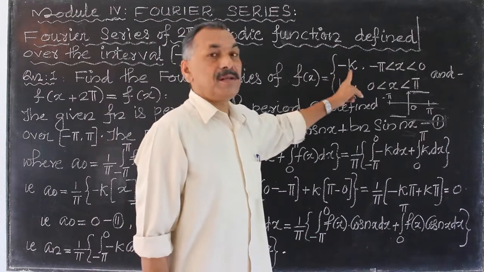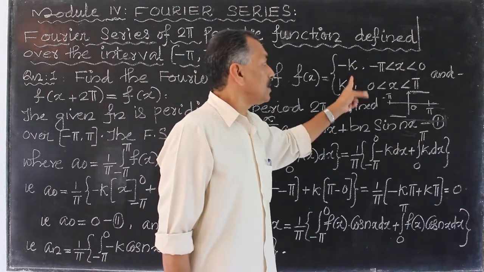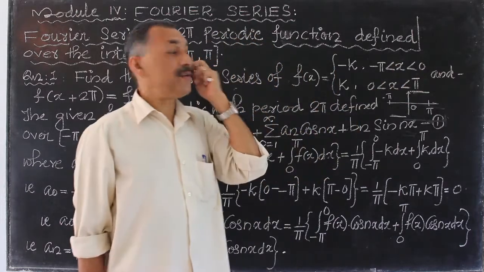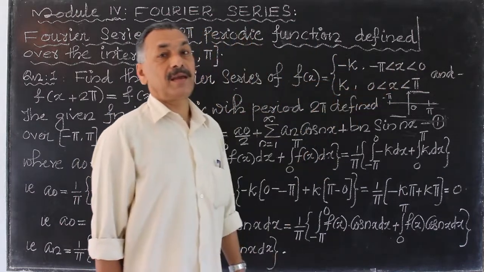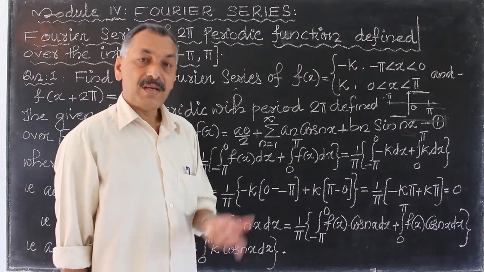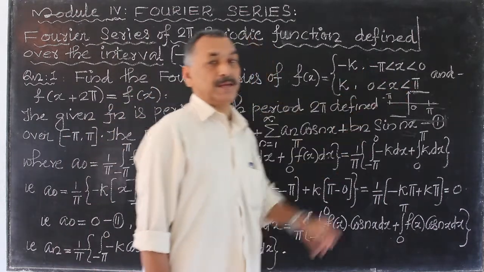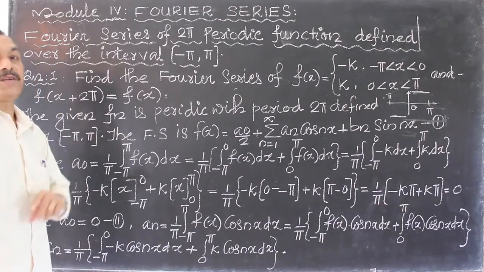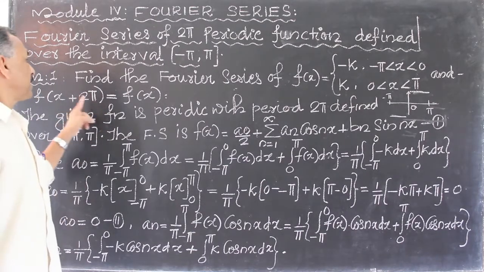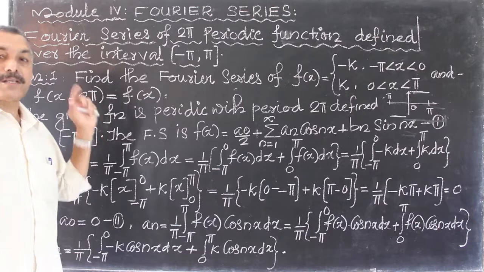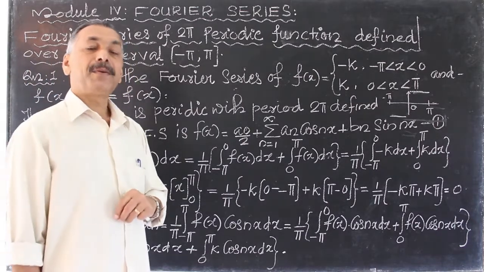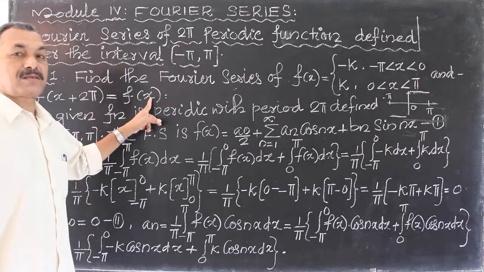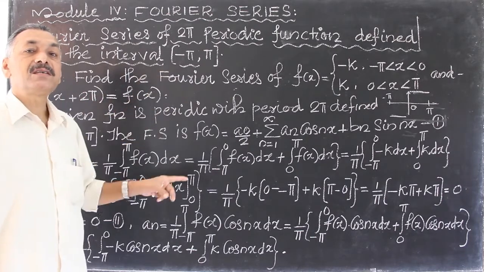Then find the Fourier series expansion of this function: f of x is equal to minus k if minus pi less than x less than 0, and k for positive values. This function f of x is defined in the interval minus pi to pi. Moreover, it is given that f of x plus 2 pi is equal to f of x. If f of x plus T is equal to f of x, then the period of the function is T. Here f of x plus 2 pi is equal to f of x, so the period of this function is 2 pi.